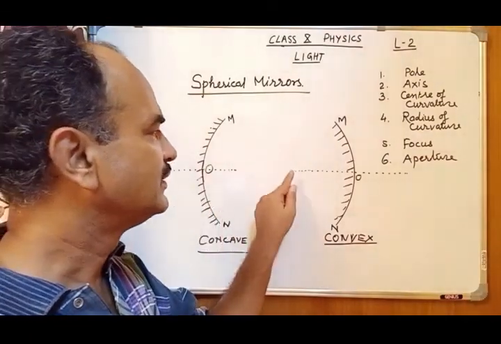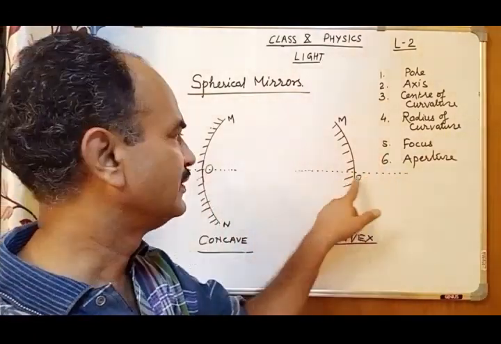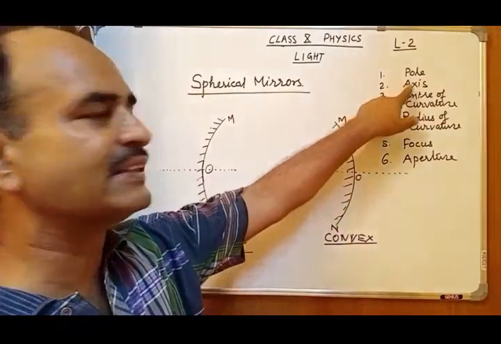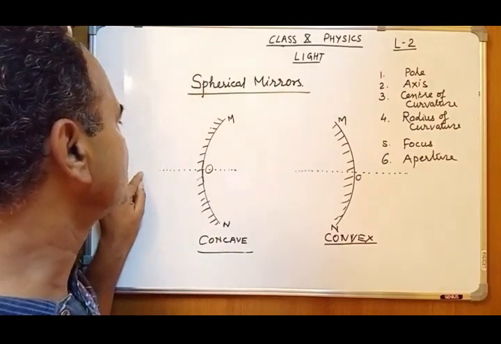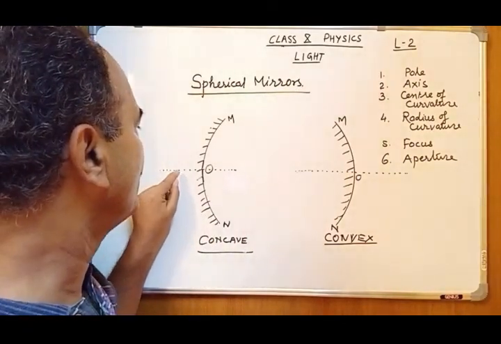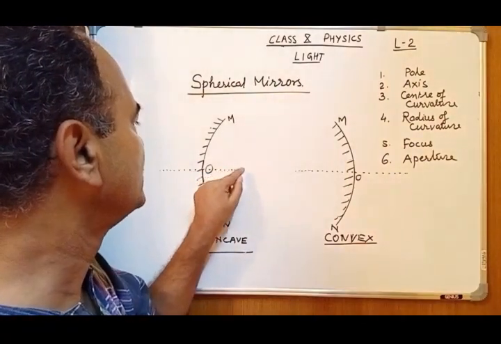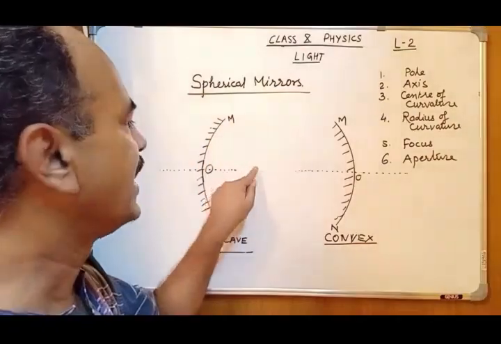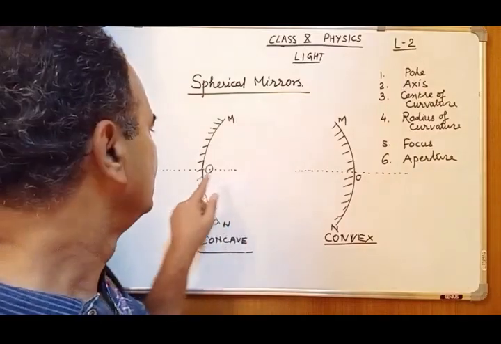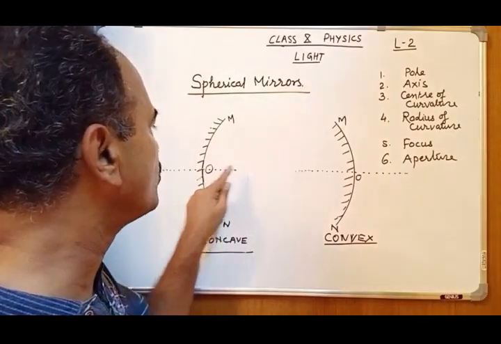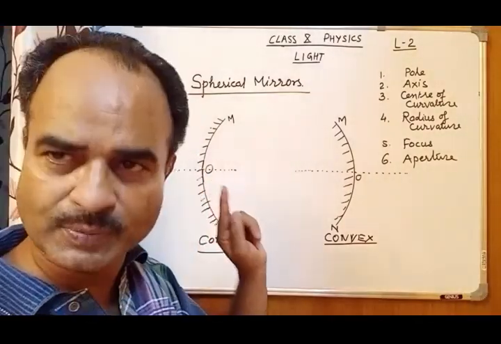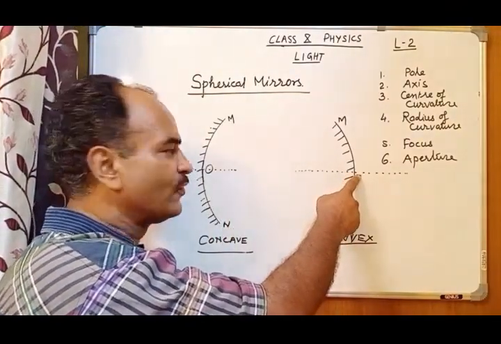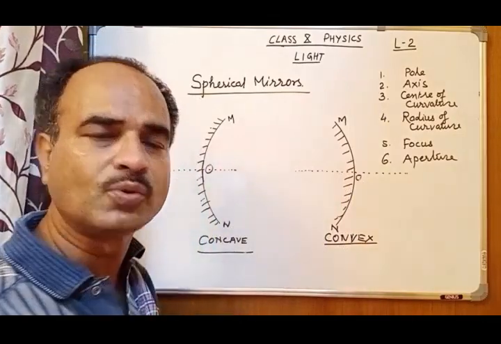This O is the pole. Principal axis is a line perpendicular to the mirror surface on which the center of curvature will lie. A line joining the pole to the center of curvature is known as the principal axis, and similarly here also.